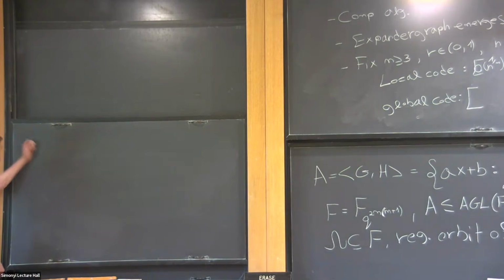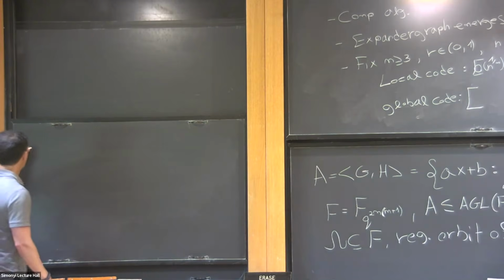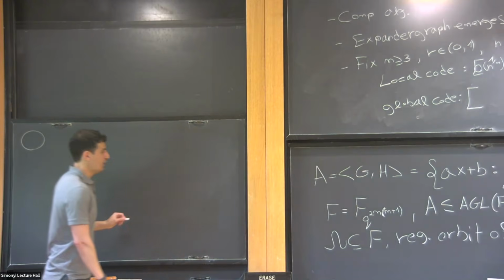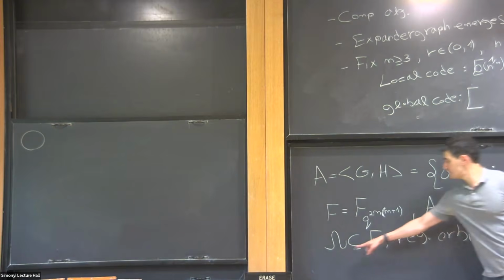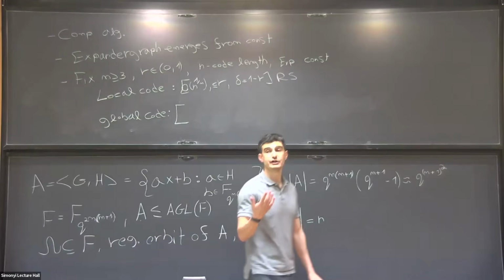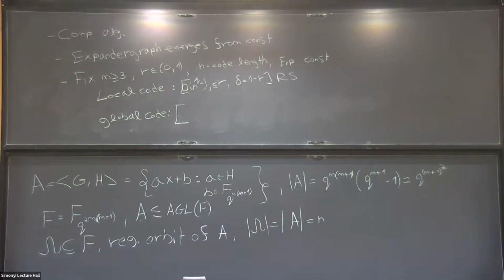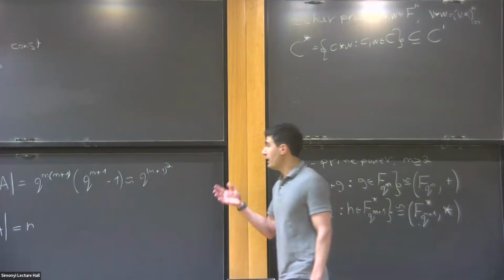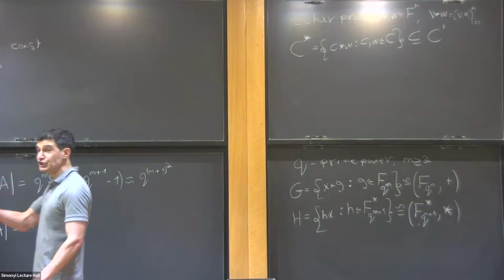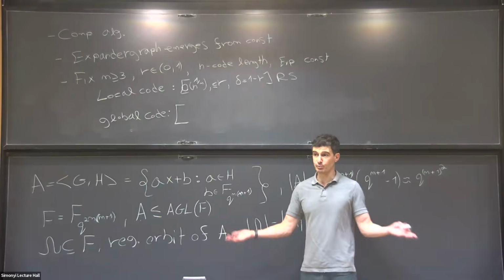Okay, and what do we define next? So we define O. A acts on the set omega, and therefore also the subgroups G and H act on the set omega. So each one of the subgroups G and H partitions omega into orbits.